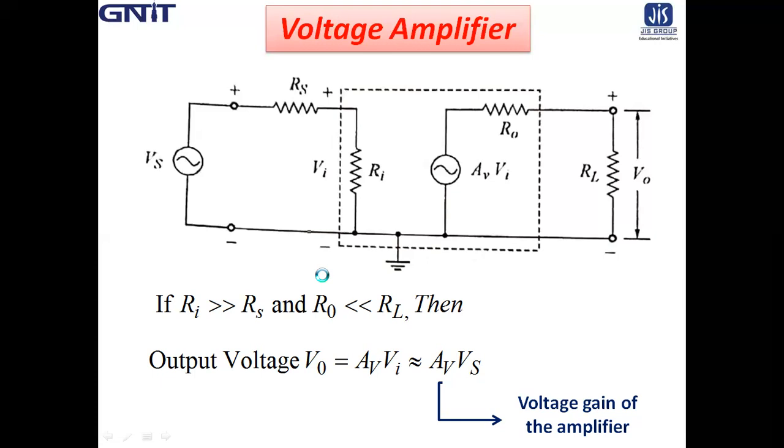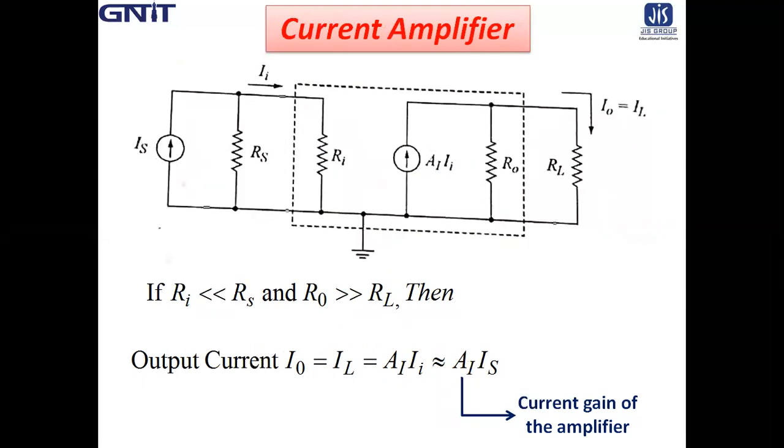The open circuit voltage gain of an amplifier, denoted as AV, is basically the ratio of V0 by Vi, where RL is equal to infinity. So this is the voltage amplifier.